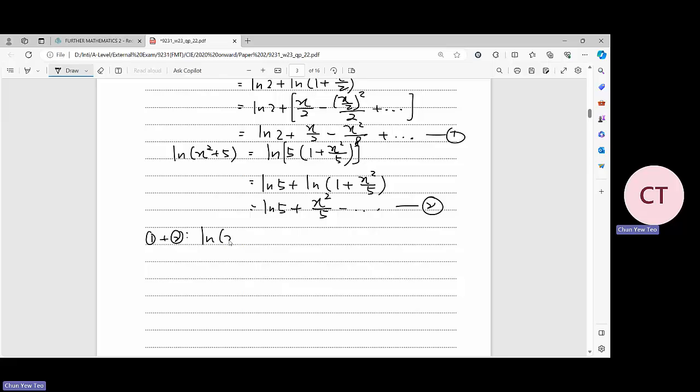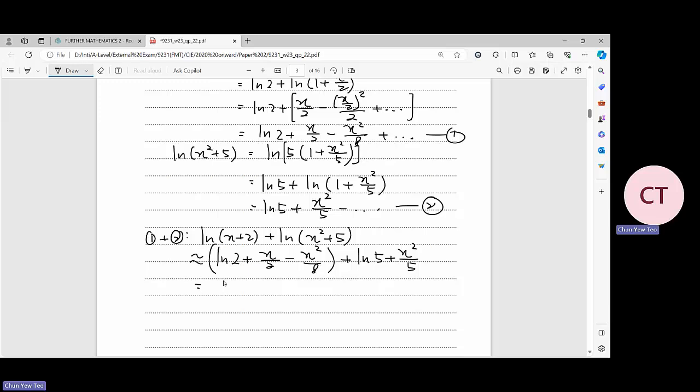So you get ln(x + 2) + ln(x² + 5) is approximately equal to ln 2 + x/2 − x²/8 + ln 5 + x²/5.